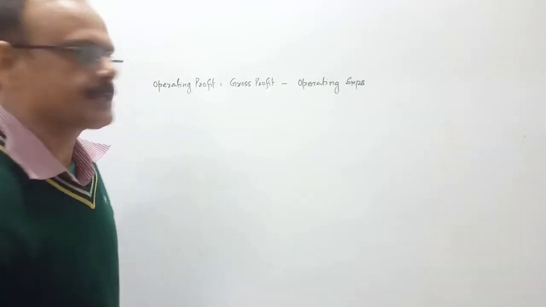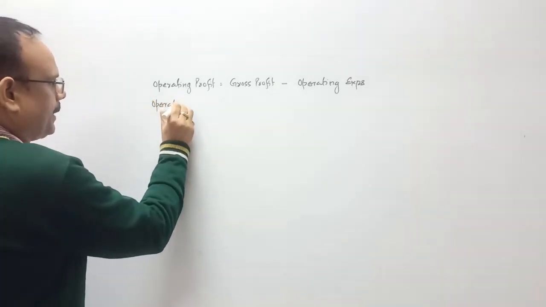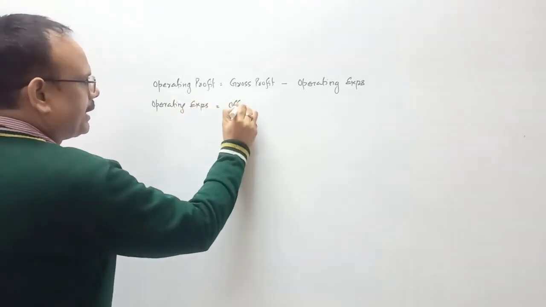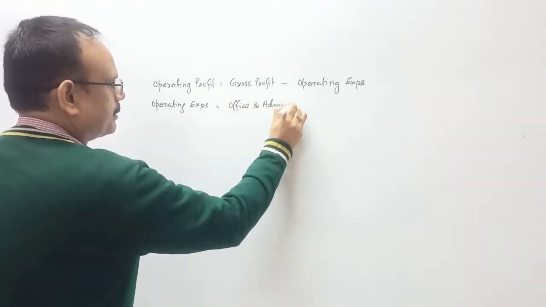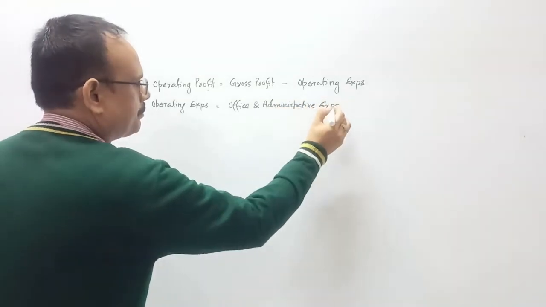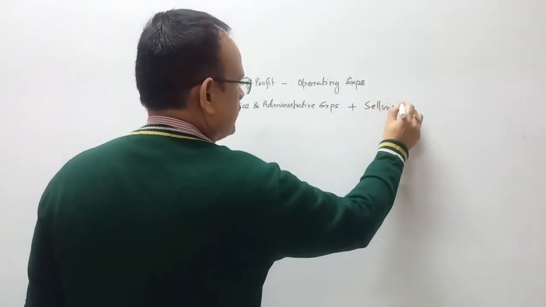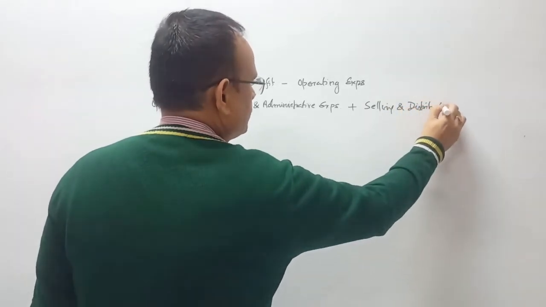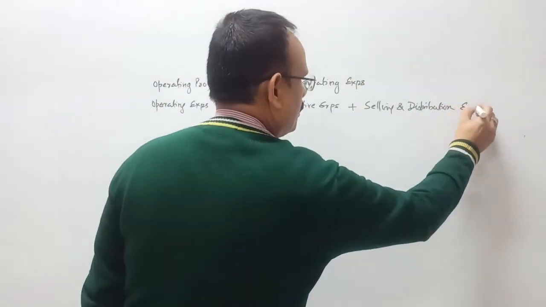The question is, what are operating expenses? Operating expenses means office and administrative expenses plus selling and distribution expenses.